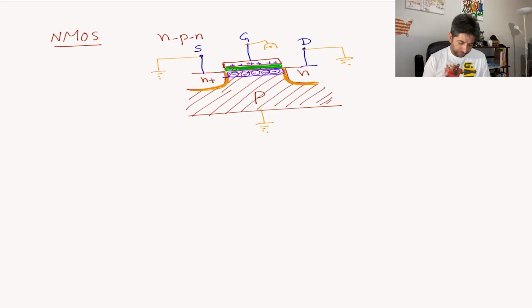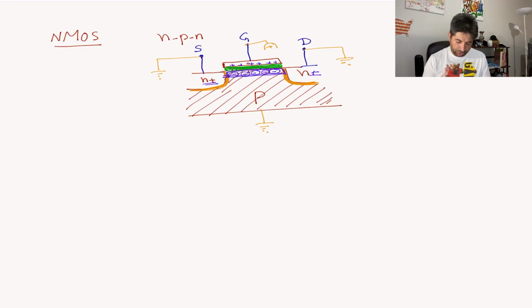And this one is n plus, which means heavily doped, not lightly doped. So these two areas around are heavily doped n-type material, and in between, because of the gate voltage, we are creating an n-type material. As the gate voltage increases, stronger and stronger inversion happens here.